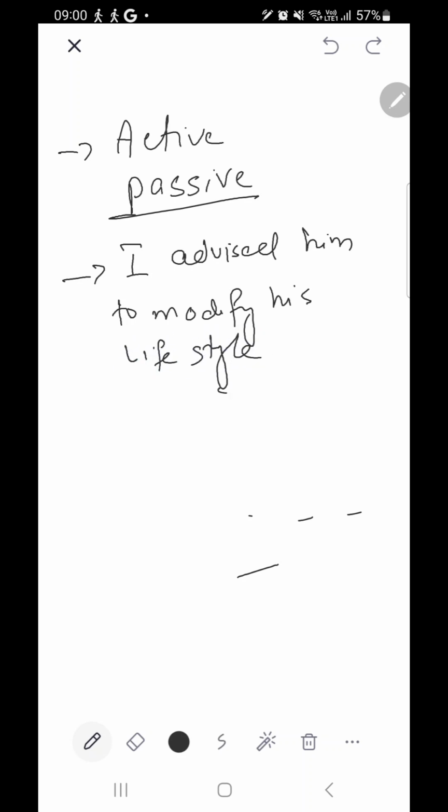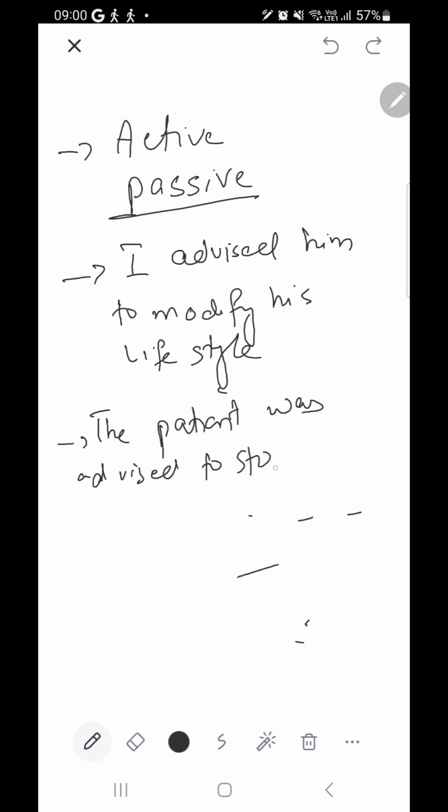Now this indicates that I am focusing on myself. My part is more important. If I put it in the passive voice: the patient was advised to stop smoking. Now it focuses on the patient.